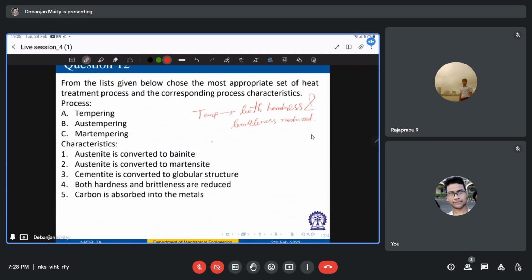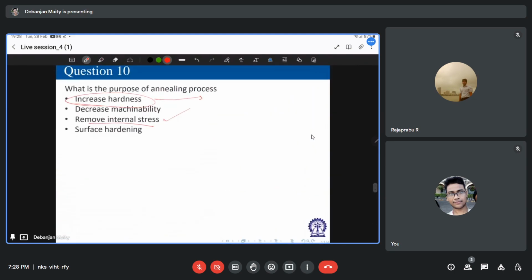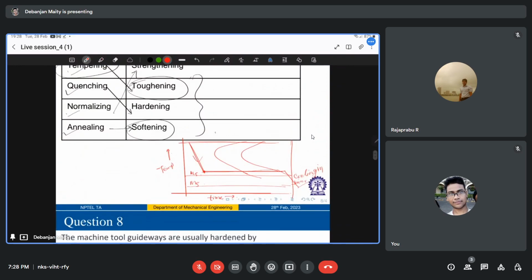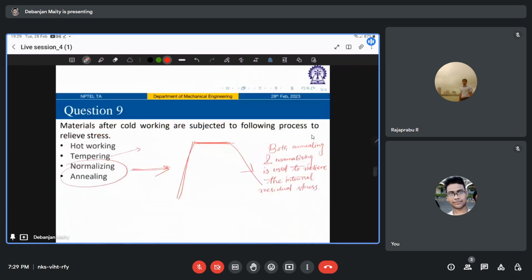What happens during austempering? In austempering, you are keeping your temperature here for a prolonged time so that it crosses this C curve and then goes to a fine bainitic structure.